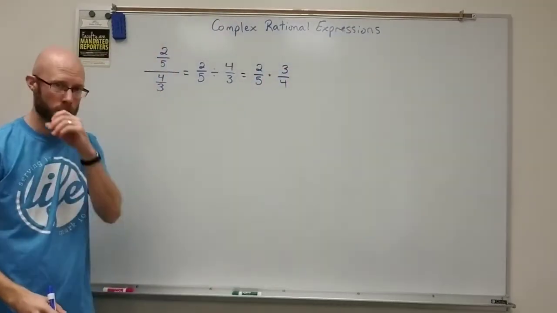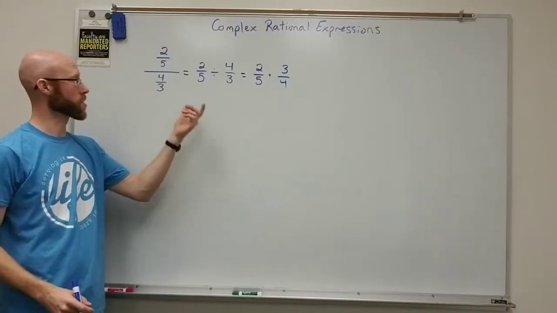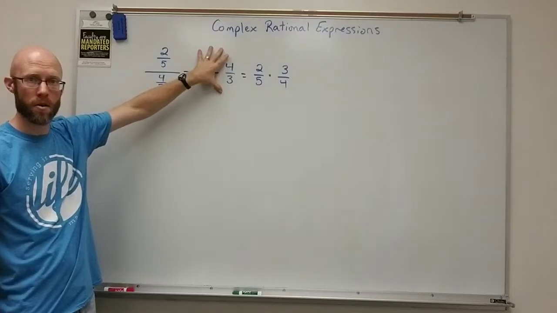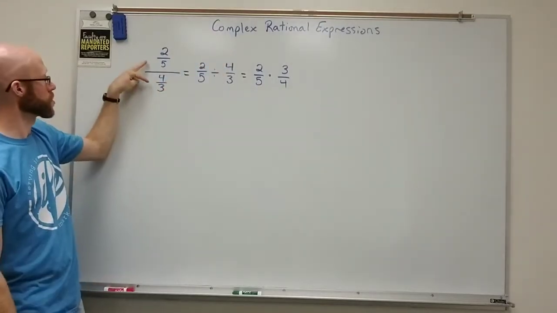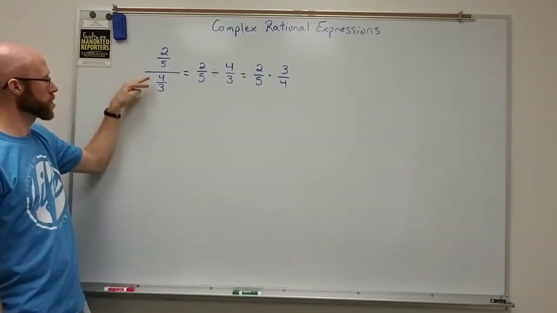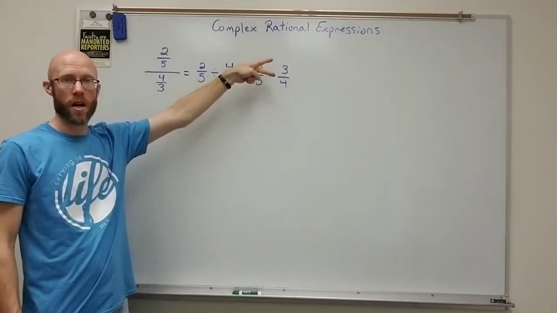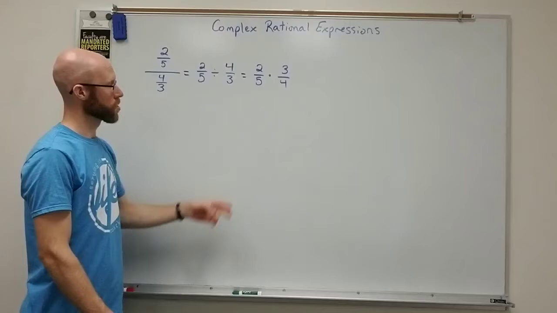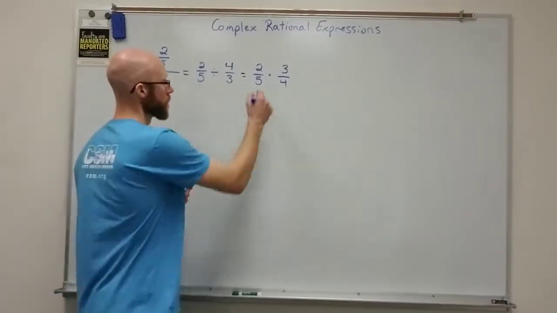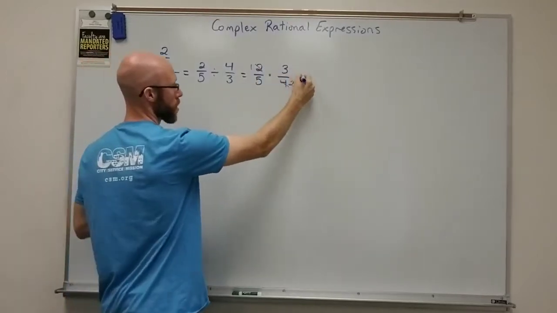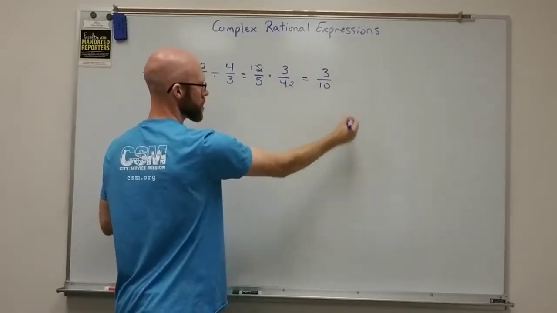Again, you flip the second fraction, or in this case, the denominator. Now you wouldn't have to write this middle step out if you were comfortable with just noticing this as a division, and then just flipping that second or bottom fraction to get your reciprocal. You could just jump right to the multiplication. Simplify here, the 2 with the 4, and then multiply across, you get 3/10.